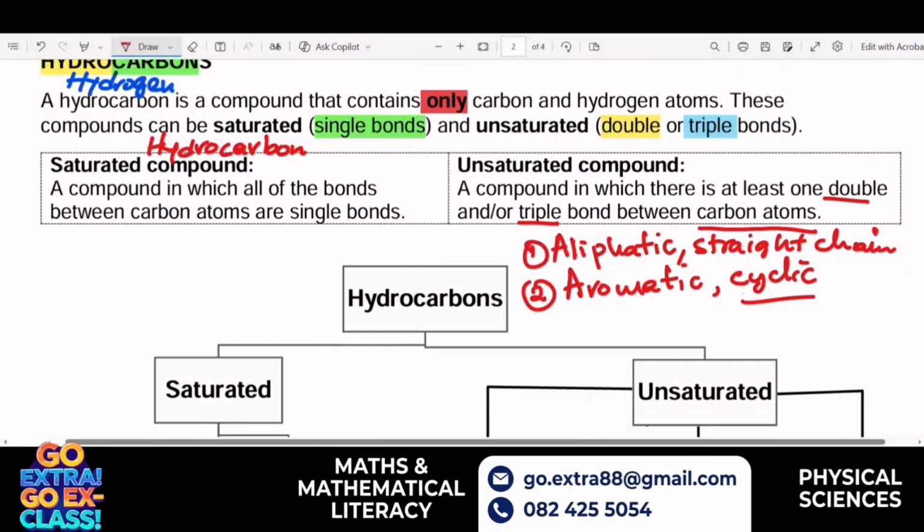But aromatic compounds are strictly cyclic. So we have these two groups.